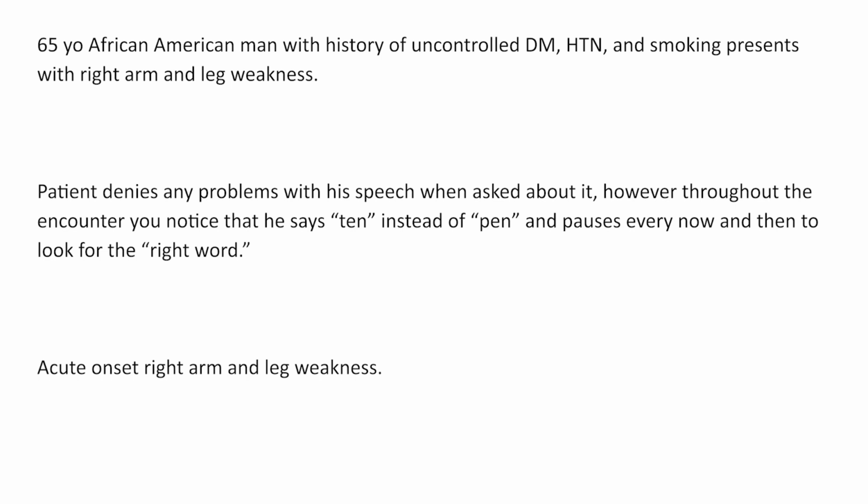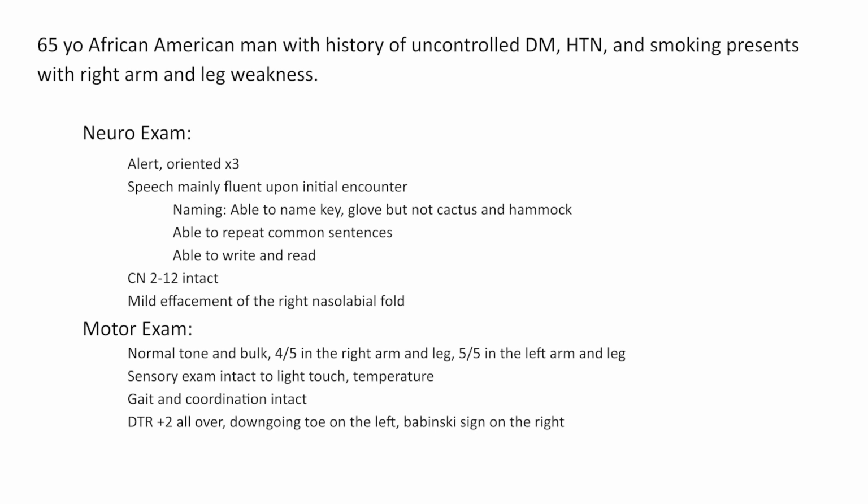So he denies any problems with his speech when asked about it. However, throughout the encounter, you notice that he says 10 instead of pen, and he pauses every now and then to look for the right word. The symptoms onset was acute. Neurological examination shows that he's alert and oriented ×3. His speech is mainly fluent upon initial encounter.